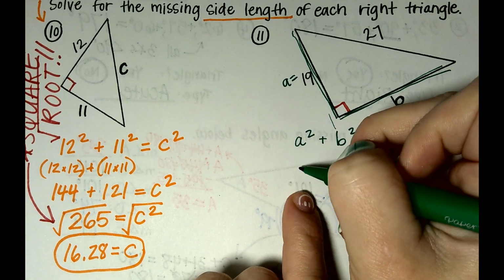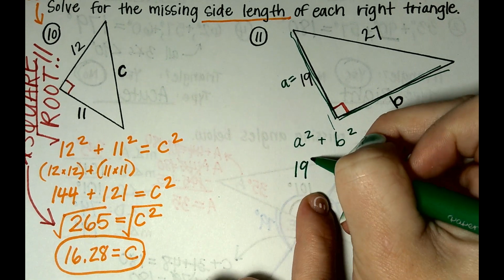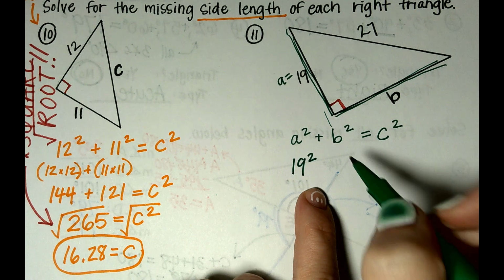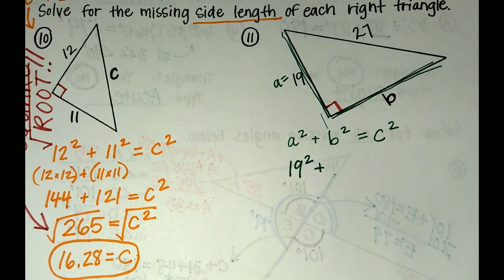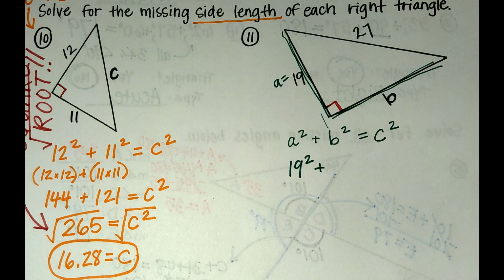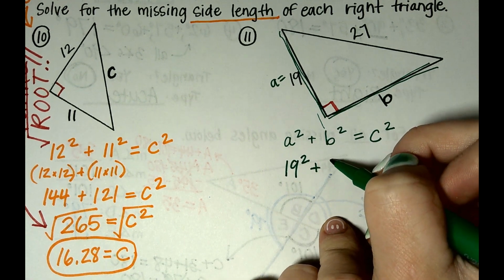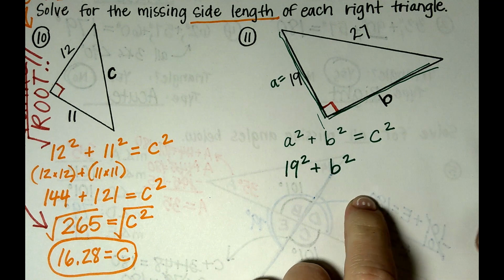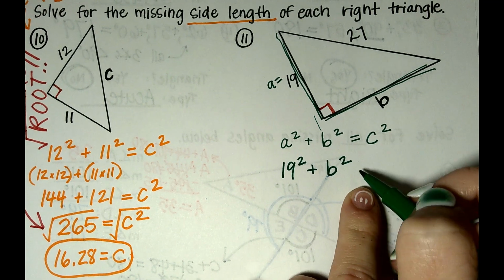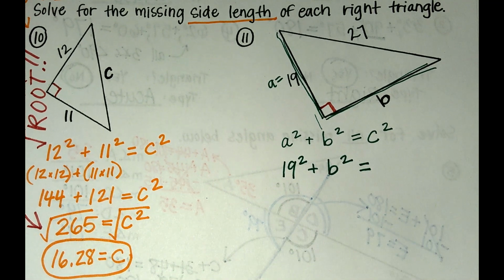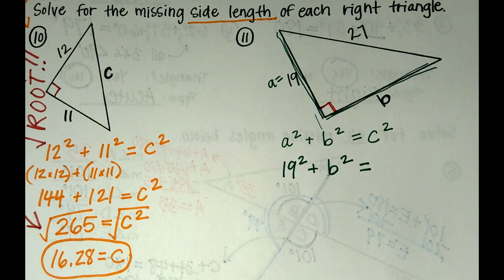So I have 19 squared plus, do we know B? No. So we're not going to put a number for B. We need to write plus B squared equals, what's C? 27.